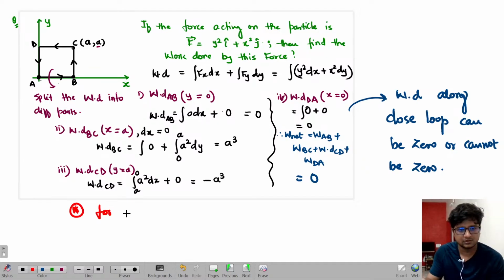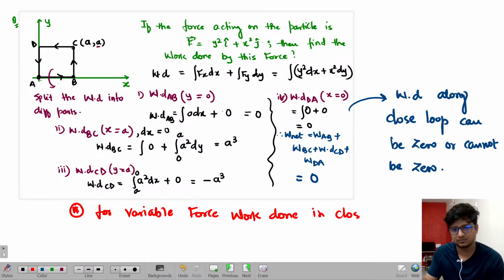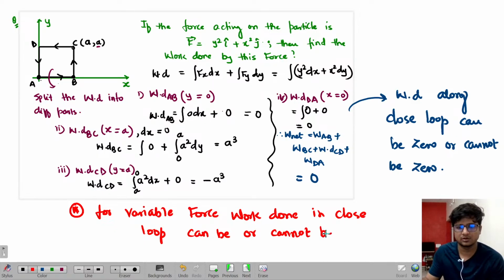So for variable force, work done in a closed loop can be or cannot be 0. Is that clear or not? Say something, yes or no? Clear?